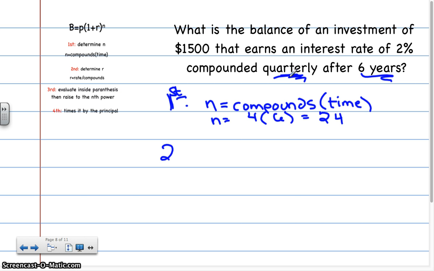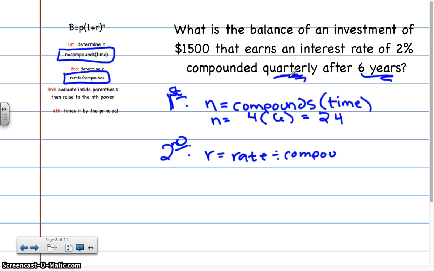Step 2, determine my R. Now I'm utilizing these little formulas down here. R is equal to our rate divided by our compounds. So what's my interest rate? I can use 0.02 or 2 for right now if I want to keep it as percent.